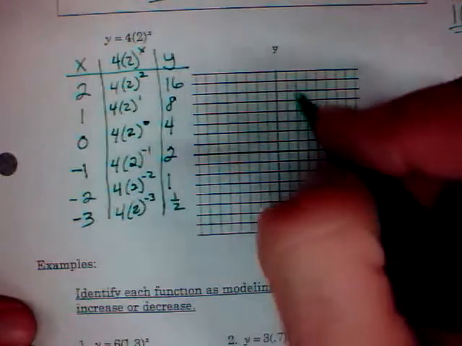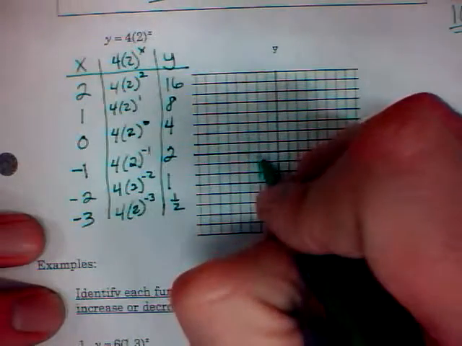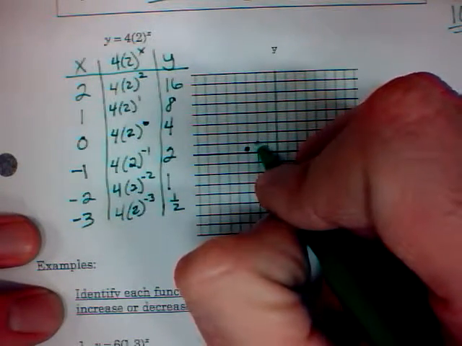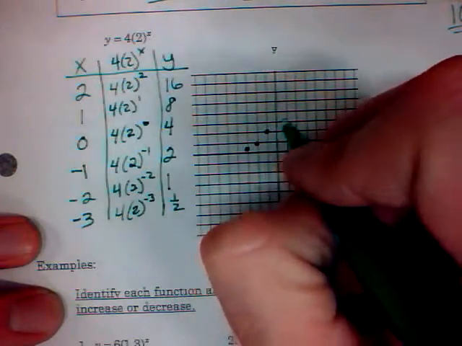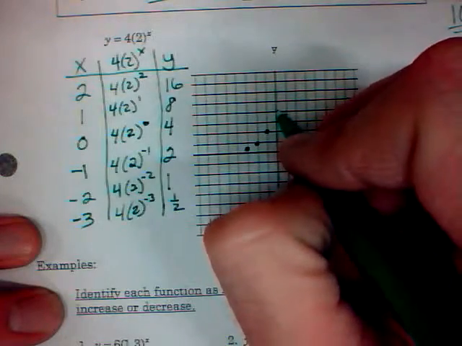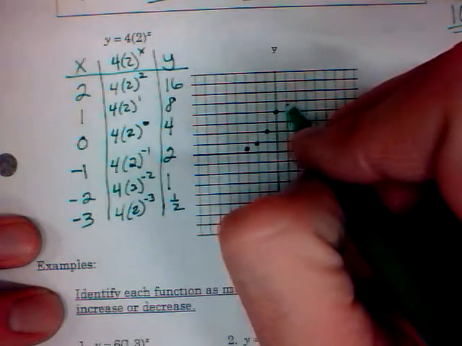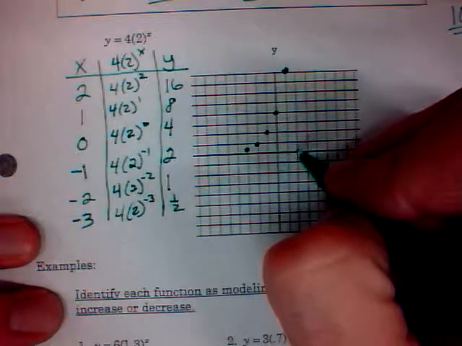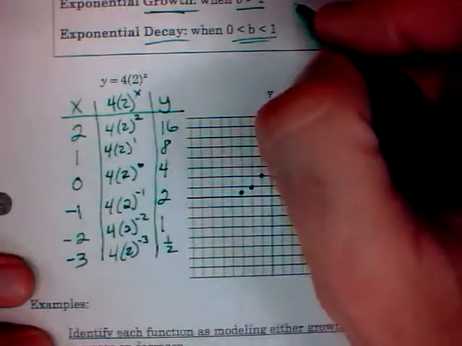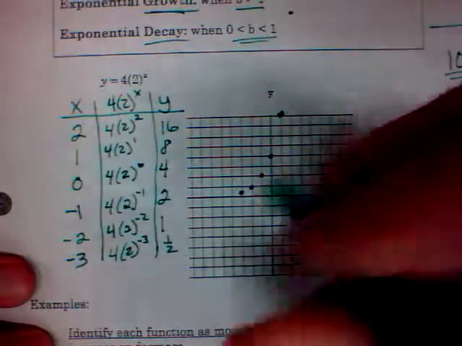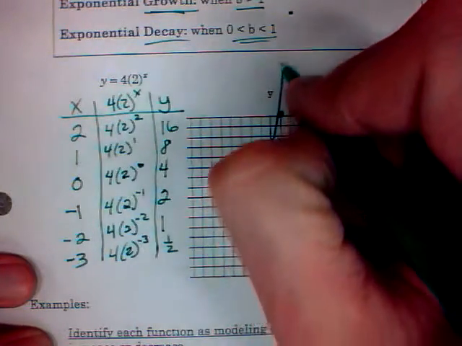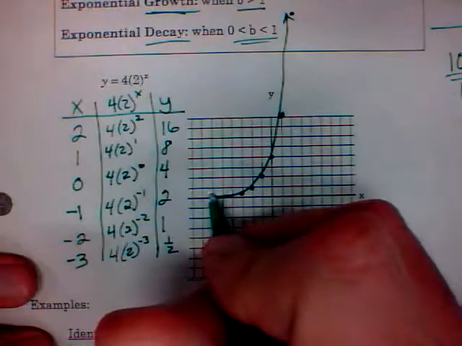So if we plot some points here, at -3 we're at a half, at -2 we're at 1, at -1 we're at 2, at 0 we're at 4, at 1 we're at 8, at 2 we're all the way up at 16, which is way up there somewhere. So you can see what happens here is this starts off slowly and then skyrockets on you.